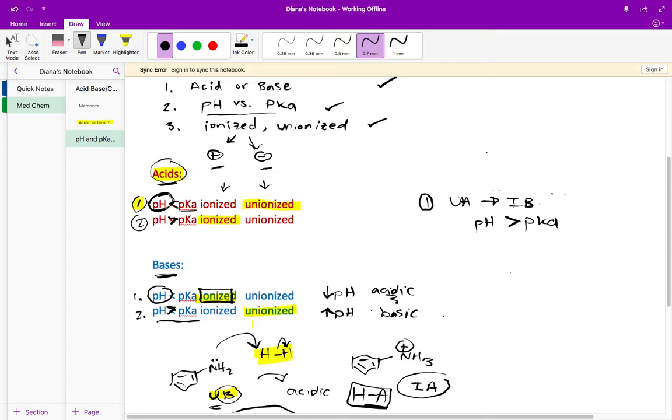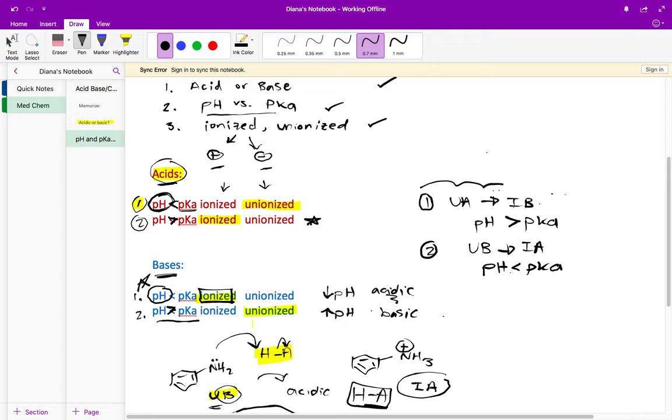So that would be right here, number two. How do I make an unionized base become an ionized acid? Well, I have to put that base in an acidic environment. So the pH would have to be less than the pKa, like this rule number one over here.